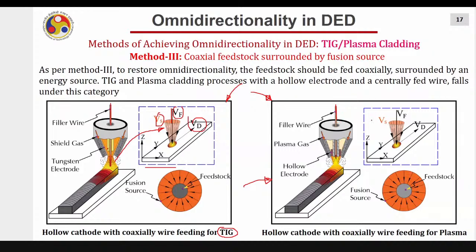Here you can see VS, again the envelope created by the plasma welding. VF and VD are consistent, very similar to TIG. There is no very big difference between TIG and plasma. The only difference is that additional gas is supplied in the case of plasma, and the tungsten is a little bit inside. The additional gas gets ionized, and that ionized gas comes out in the form of plasma instead of the tungsten projecting outside.